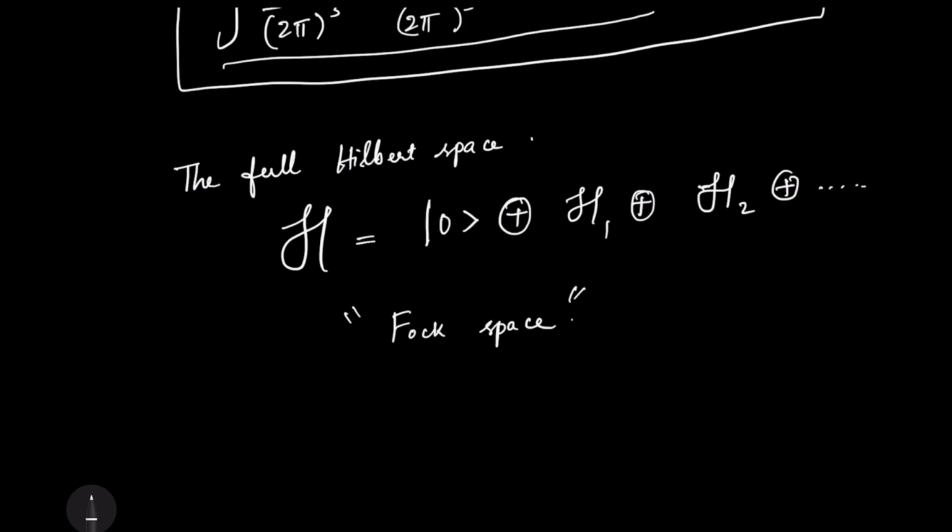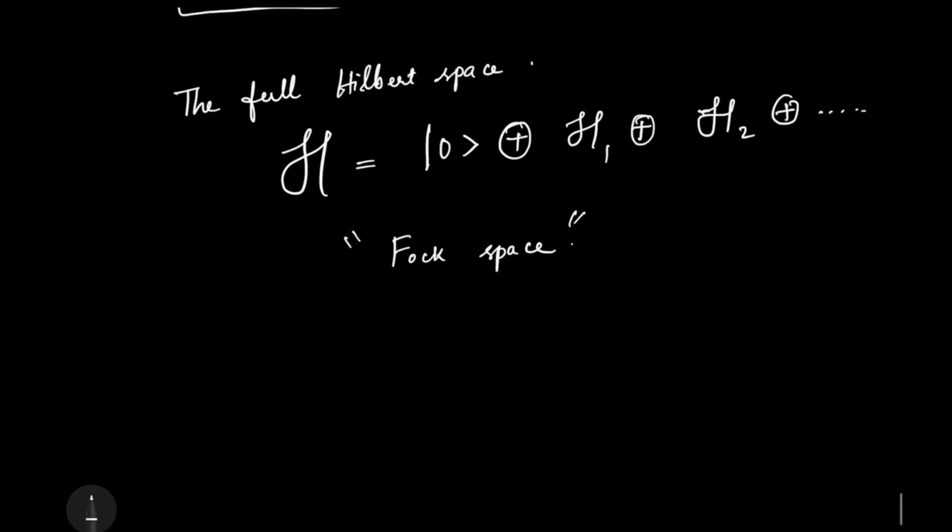Strictly speaking, all the states, that is vector k, then the ordinary k, then k1, k2, are all not normalizable.